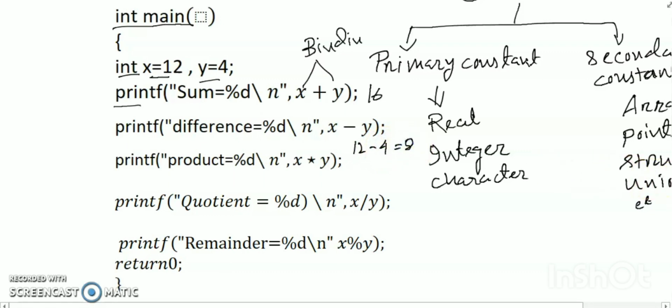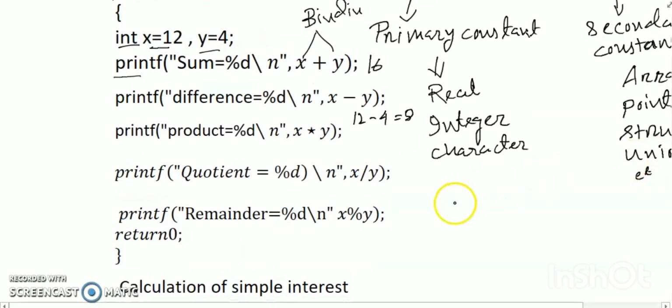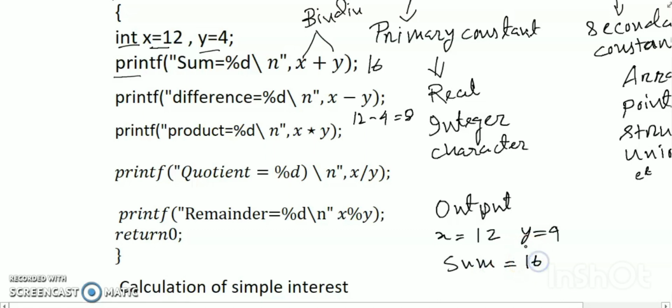So my output, you can see what is my output after compilation. We see x equals 12, y equals 4, sum equals 16, because printf means it is printing sum equals 16.